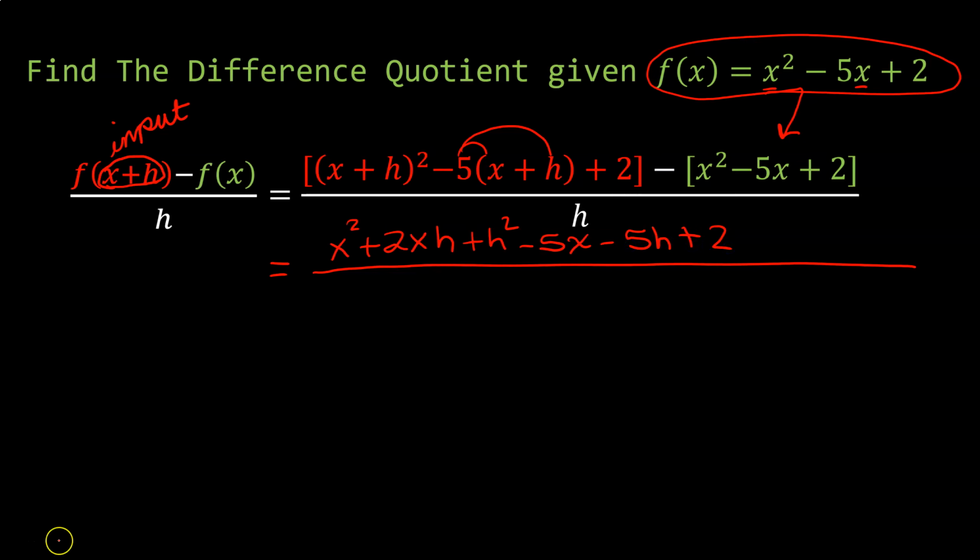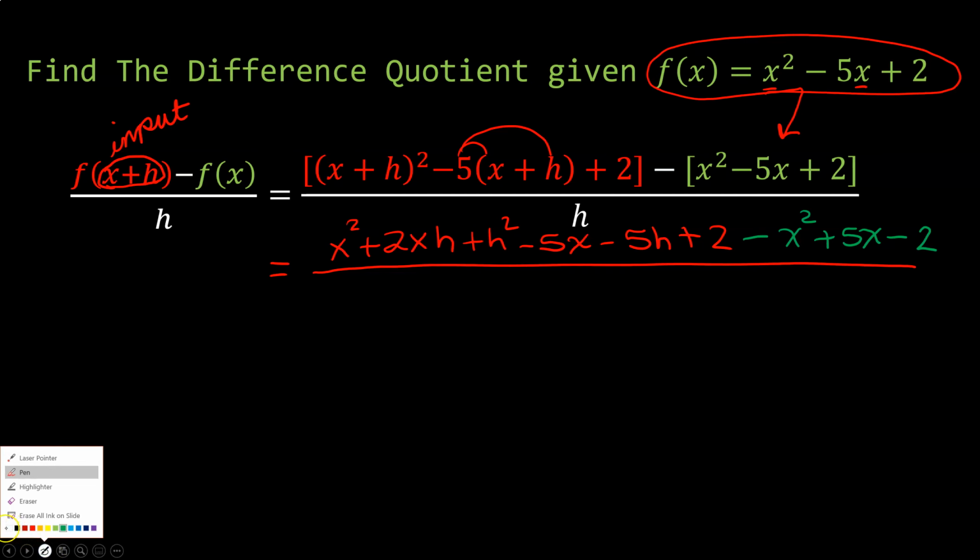And that is the expression for f of x plus h, minus x squared plus 5x minus 2 when we distribute the negative, all divided by h.